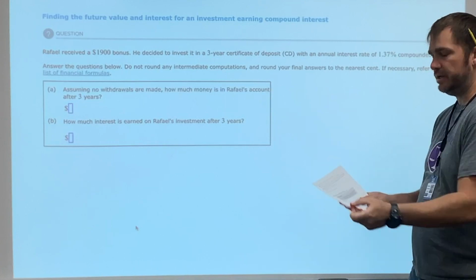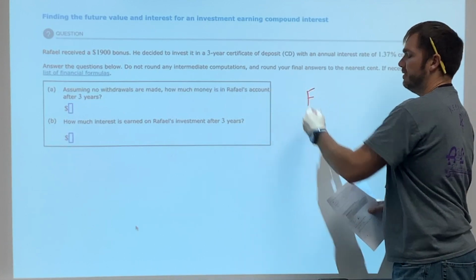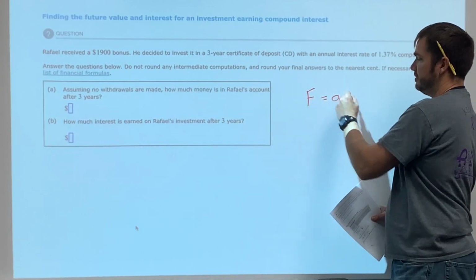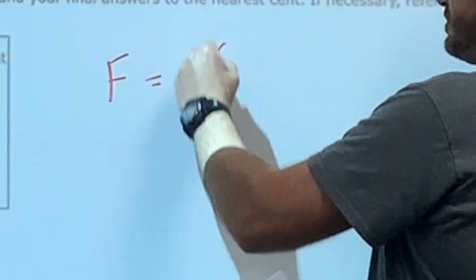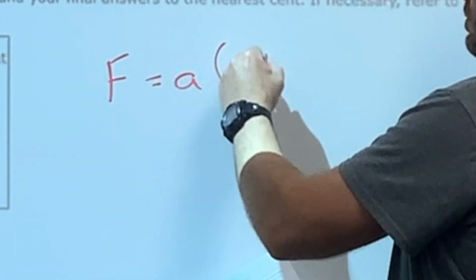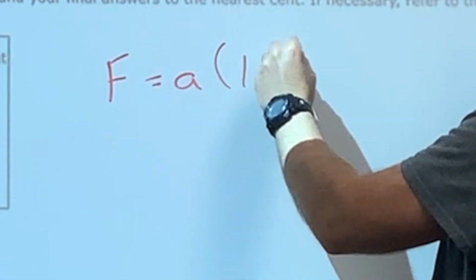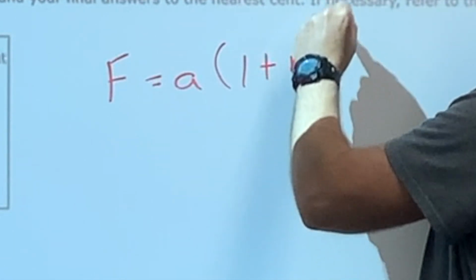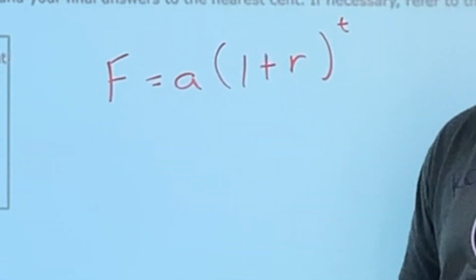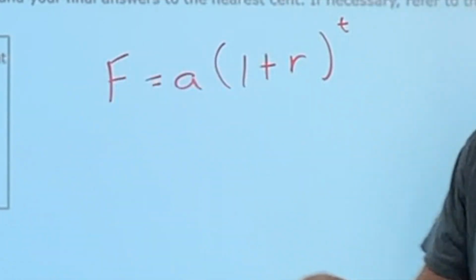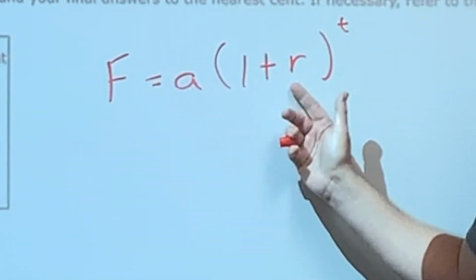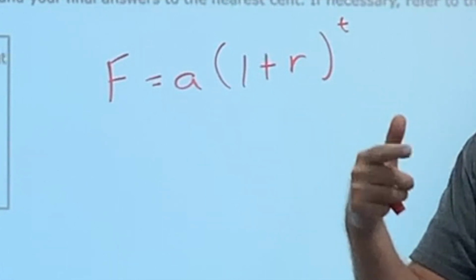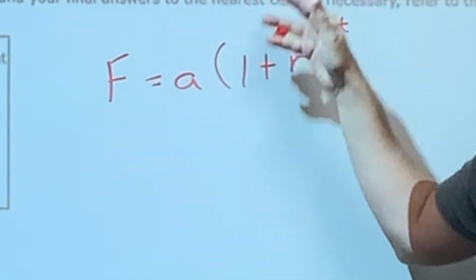So let me write the formula down here initially. Our final amount is equal to the initial amount times 1 plus, and our previous formula was always r, and then raised to the t power, because after every year it would grow by this percent. However, sometimes this is going to get compounded.